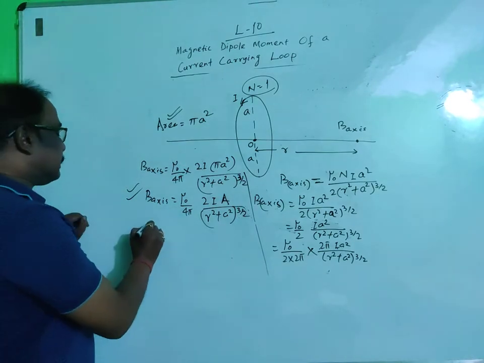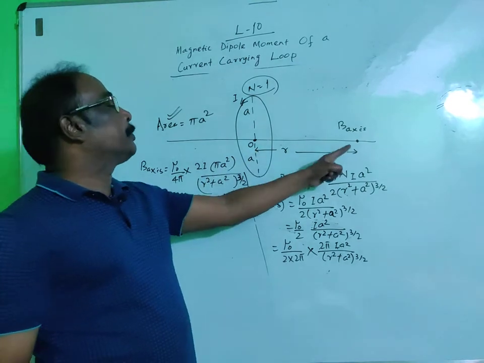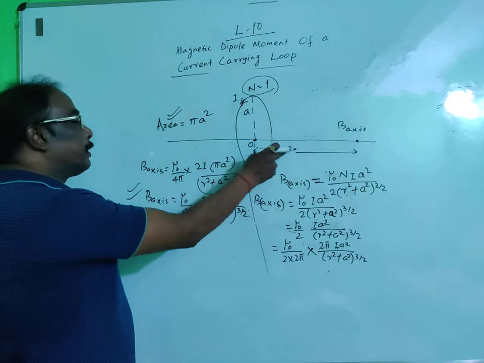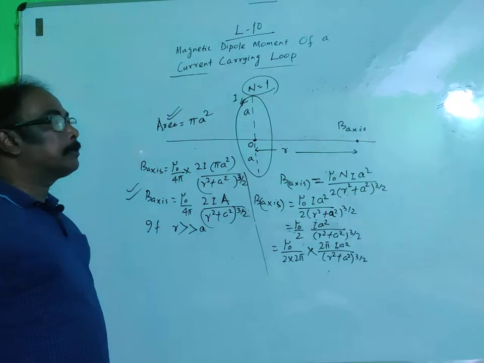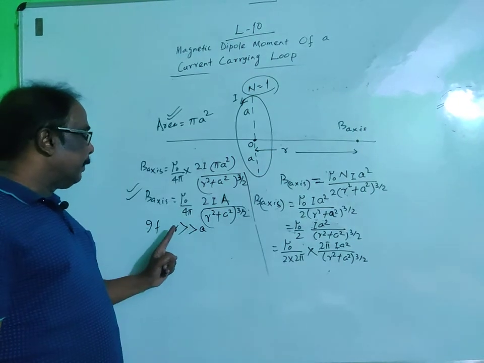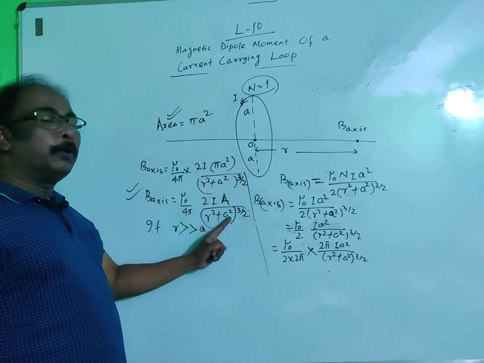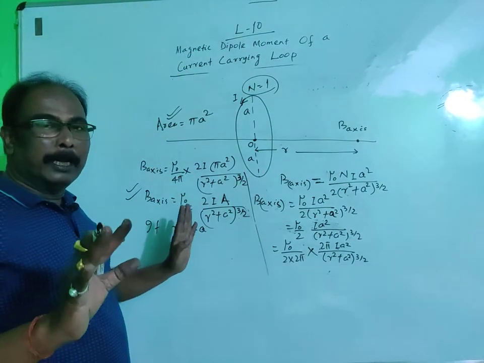Let's see a condition. If the distance from center along the axis, which I have taken as r, is much more as compared to the radius of the circle, then r is greater than a, so r square is much more as compared to a square, meaning a square of the radius becomes negligible.